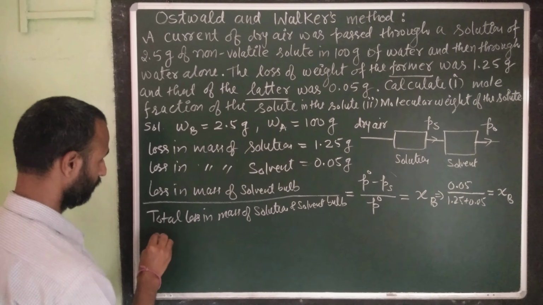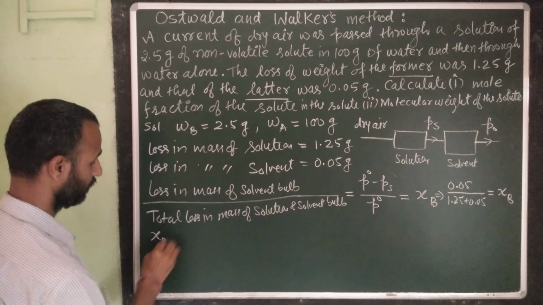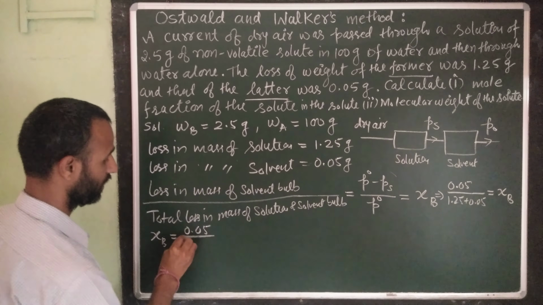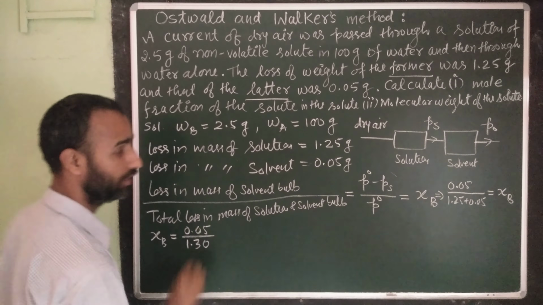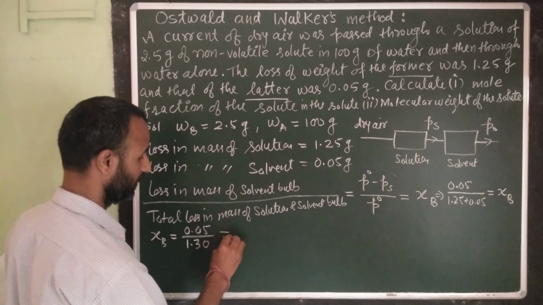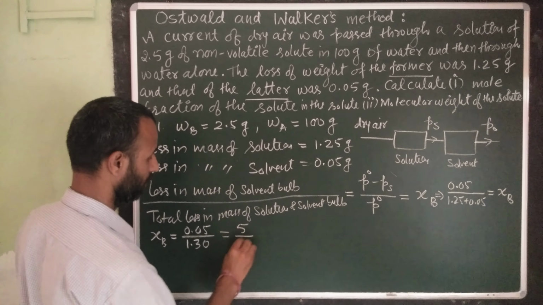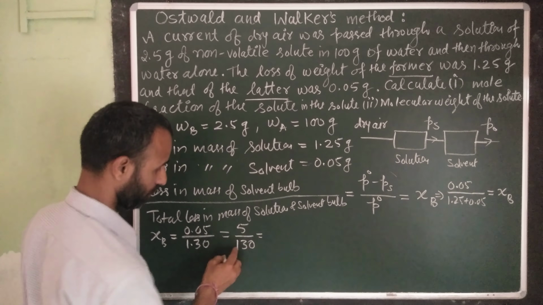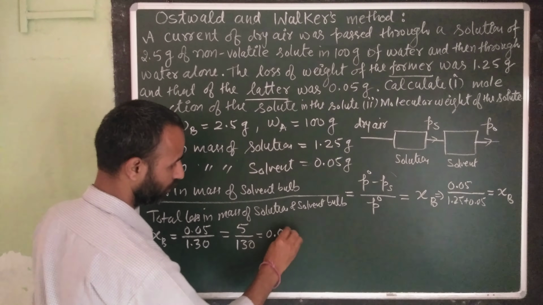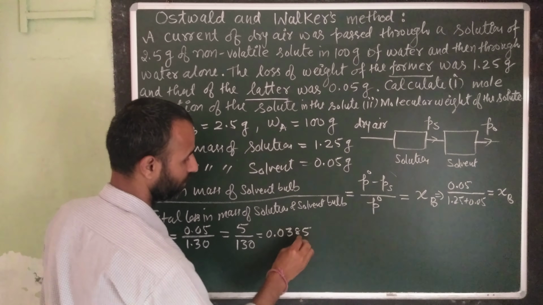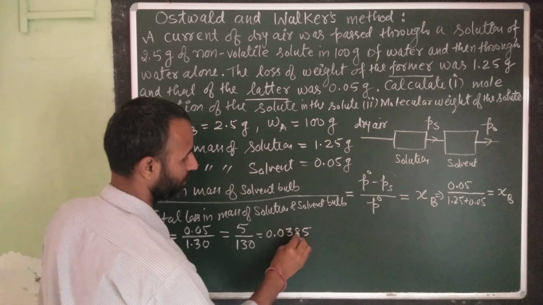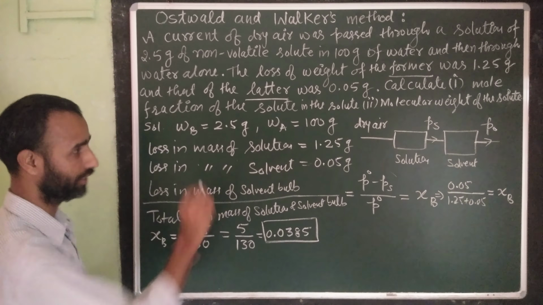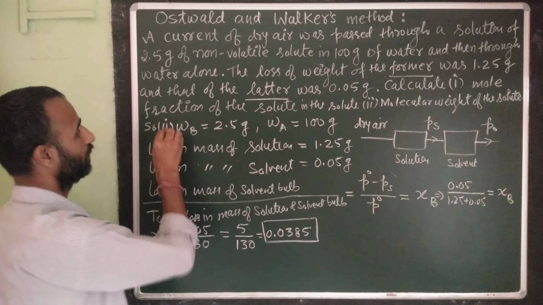So it implies mole fraction becomes 0.05 divided by 1.30, means it is 5 over 130. So it is 0.0385. So this is the mole fraction, answer of the first part.